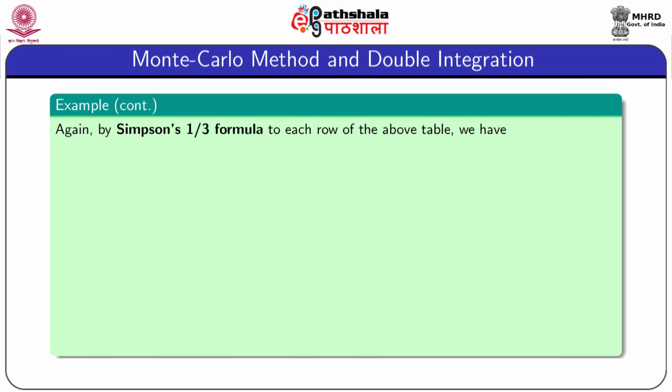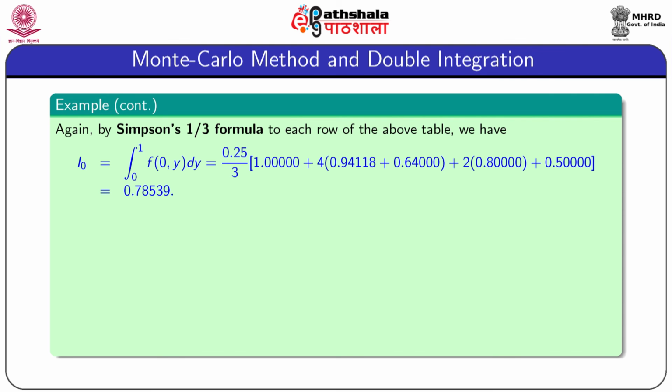Now, we apply the Simpson one-third formula to get the value of the double integration, and from the above table we get I0 equal to integration 0 to 1 f of 0, y dy, which is equal to 0.78539, and similarly for the second row we obtain I1 equal to this value, from the third row we get this value, from the fourth row we obtain this value, and so on.